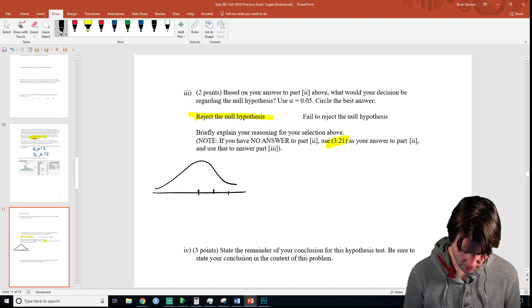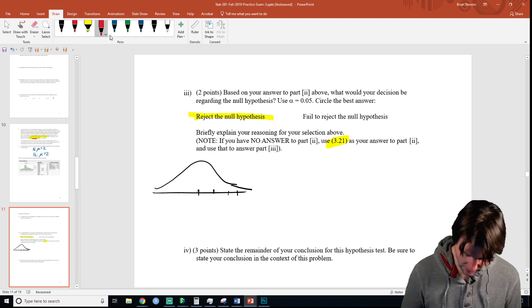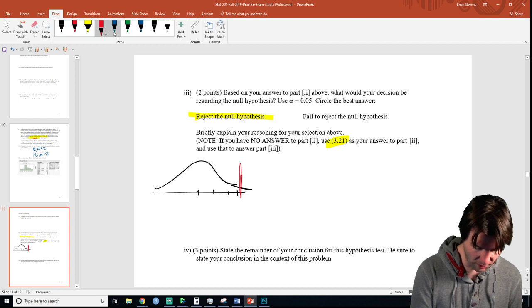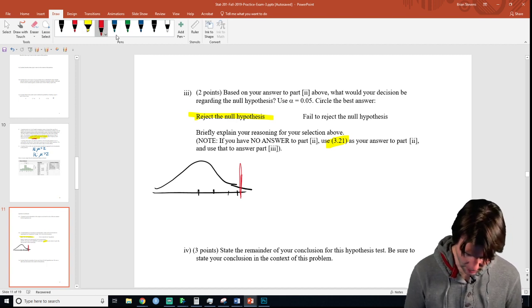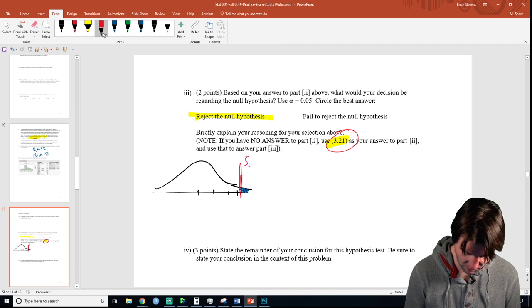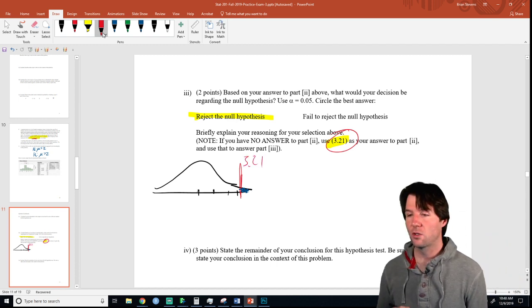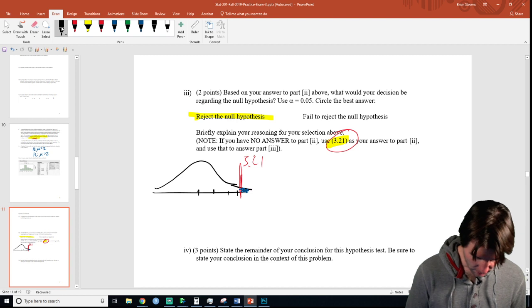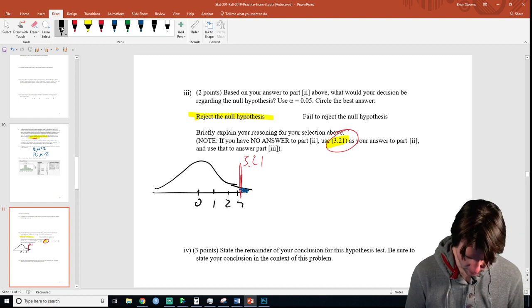0, 1, 2, 3. Now we landed right over here. And so with this area, this is the p-value. So my p-value, because that's the value I landed at, that's where 3.21 is at. So how do I know I reject the null?